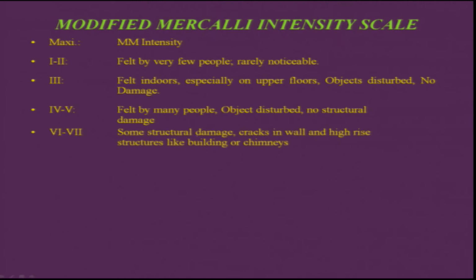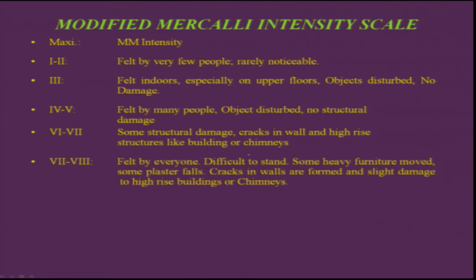And then some structural damage, from 6 to 7, a little bit of damage will be seen. And here, if you look carefully, it says cracks in walls, high-rise structures like buildings and chimneys. Okay, so this will be seen mostly. Then 7 to 8, felt by everyone, difficult to stand.